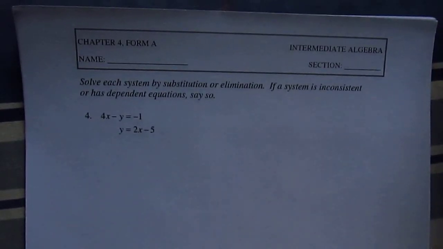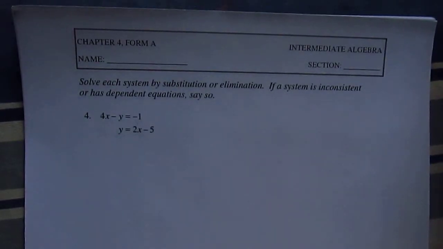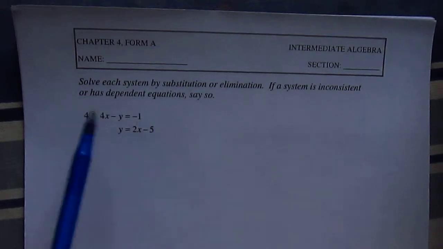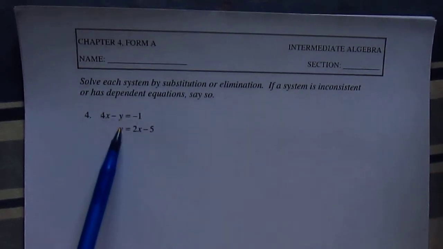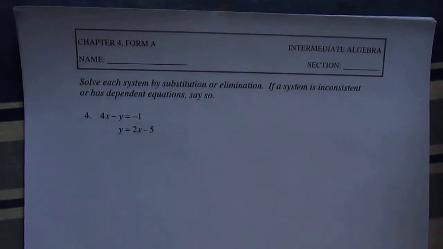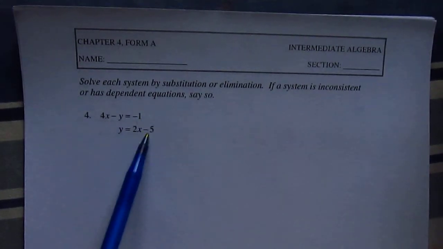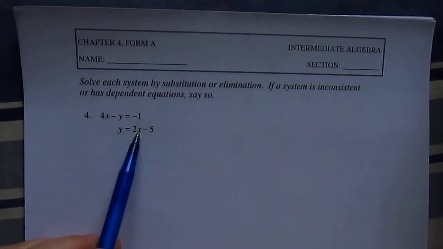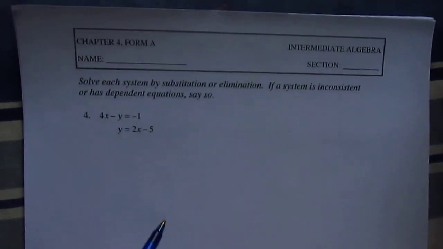Okay, we are going to be doing the problems from the Chapter 4 sheet, and basically we are dealing with a system of equations. The problem number 4 and 5 in this video consist of two variables, x and y, with two equations.